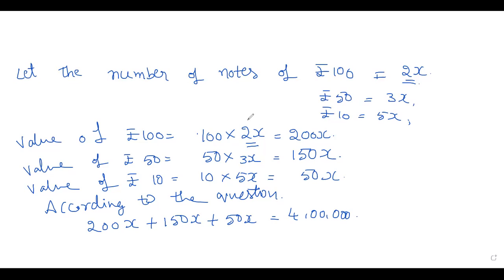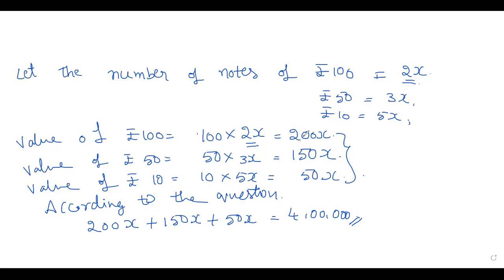If it is 20, 100 into 20 is 2000. So like that you will get the values. So we are writing 100 into 2x, 50 into 3x, 10 into 5x. Next they have given the total amount, that is 4 lakh.